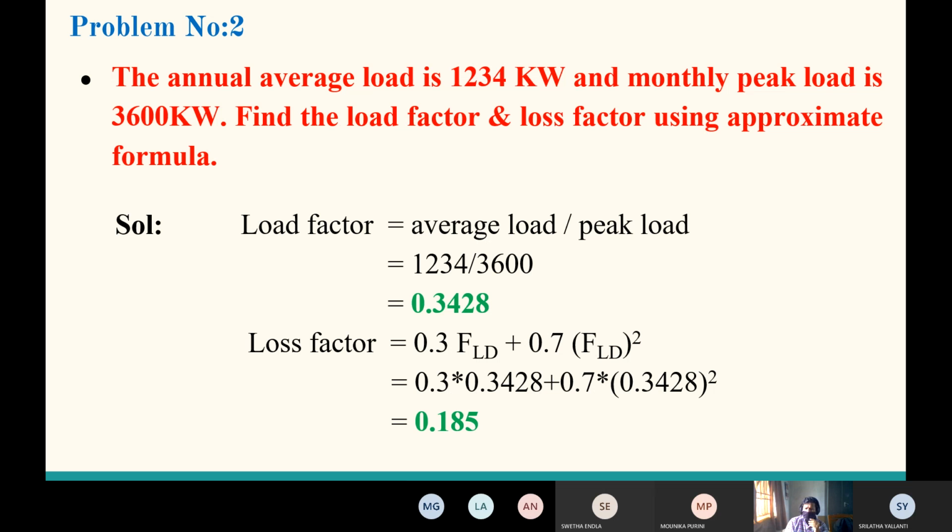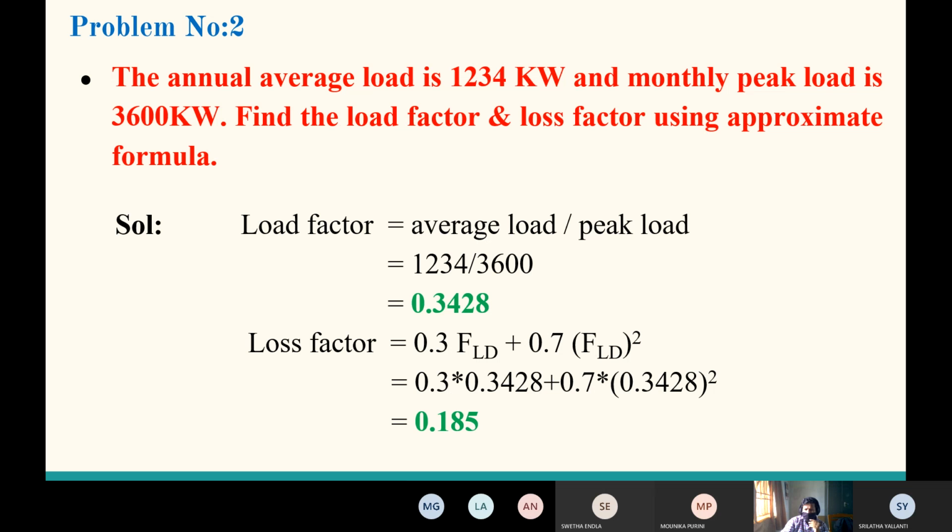The given peak load is nothing but the maximum load. So directly find the load factor, FLD equals average load by peak load, and then find the loss factor using the approximate formula. The approximate formula is the relation between load and loss factor: FLS is equal to 0.3 FLD plus 0.7 FLD square.